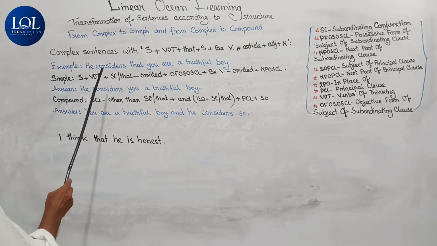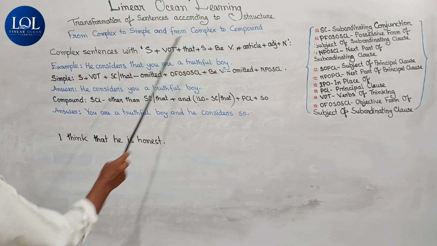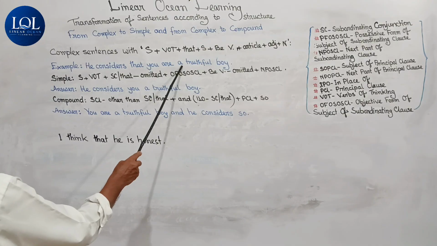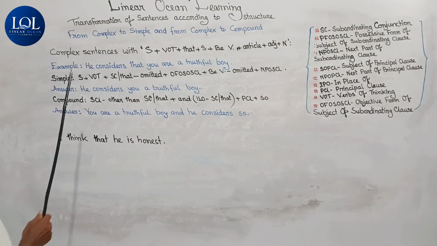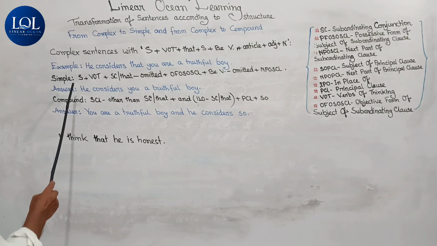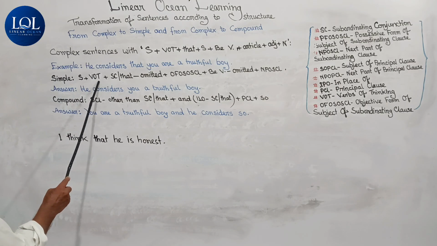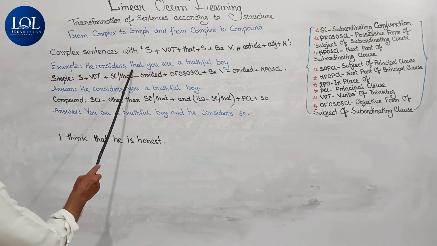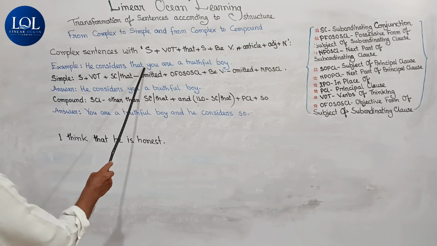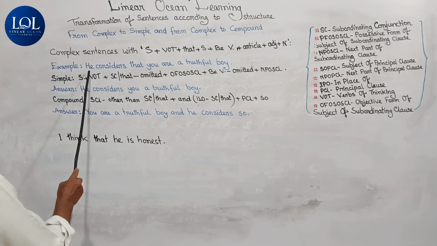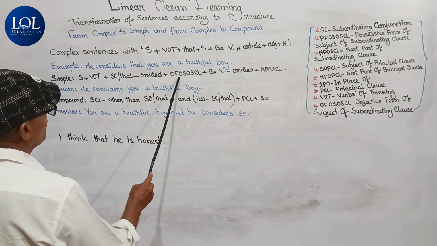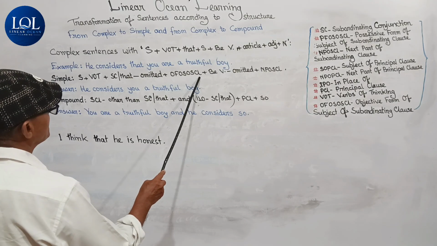Now if we give an example of this structure, then it is: he considers that you are a truthful boy. If we want to put it into a simple sentence, the structure we get is subject, verbs of thinking, plus subordinating conjunction or that, here the subordinating conjunction is that, omitted, that is, he considers, then that will be omitted, plus the objective form of the subject of the subordinating clause.